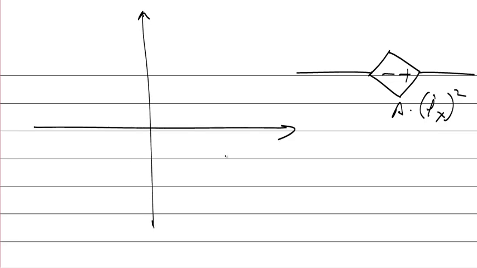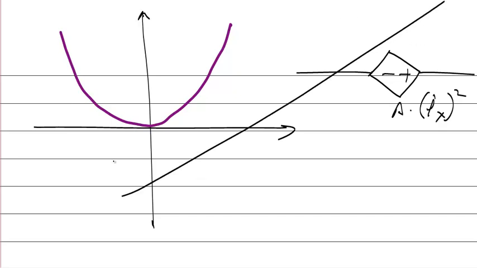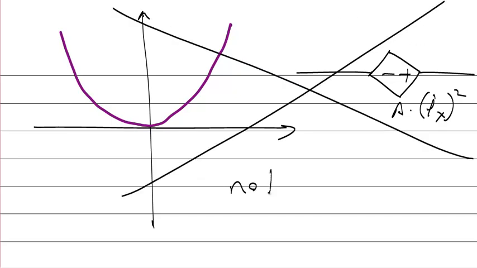If you draw that, you will see something like that. So this is not linear. If you use a source like that in your circuit, that circuit will not be a linear circuit.